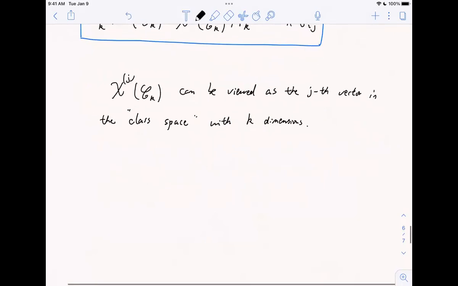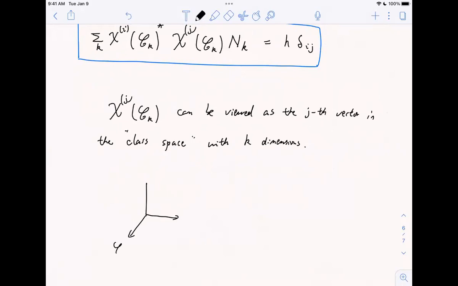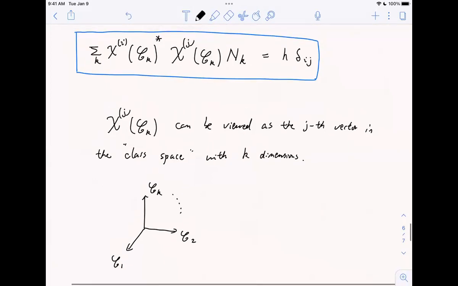So it looks like class 1, class 2, class 3, up to class k. Then you have these elements. These are the vectors.